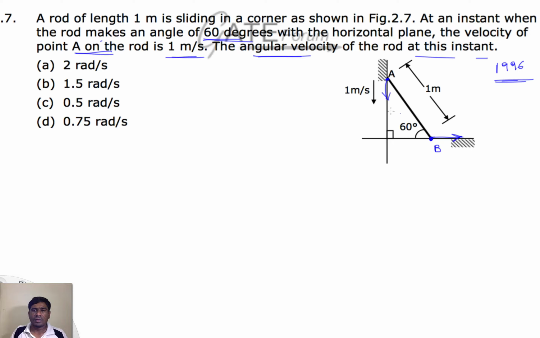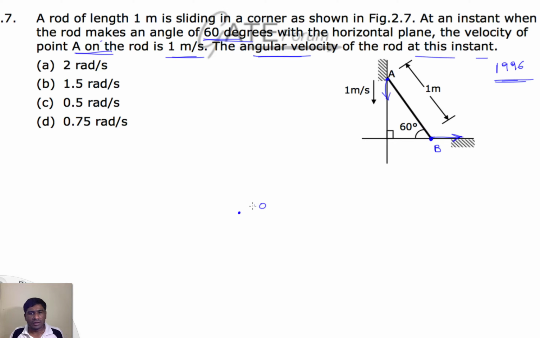If I consider the velocities of A and B as absolute, then they have to be with reference to a point. So our first step is to identify a fixed point. In this case our fixed point is O.